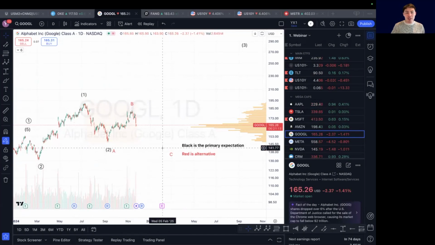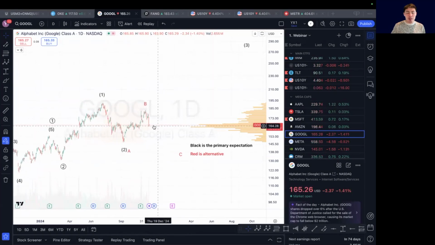So we still have this red alternative of breaking a new low in wave C, and I have hesitated on putting a trade idea because of it. However, also like Microsoft, we've accumulated heavy volume around the current price point, and we do have a wave 3 target at 270. So if we do enter today, for example, I think the risk reward is probably quite good if you have a stop at this wave 2 low.